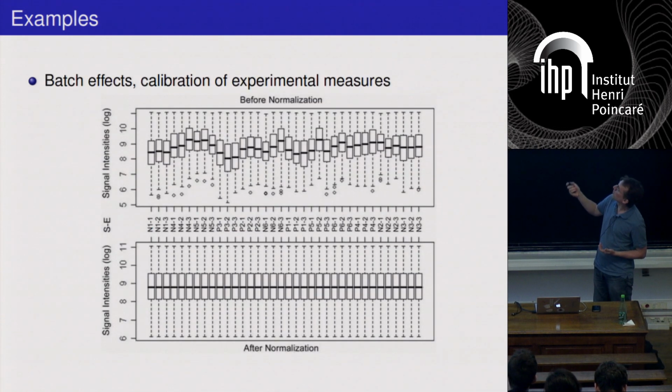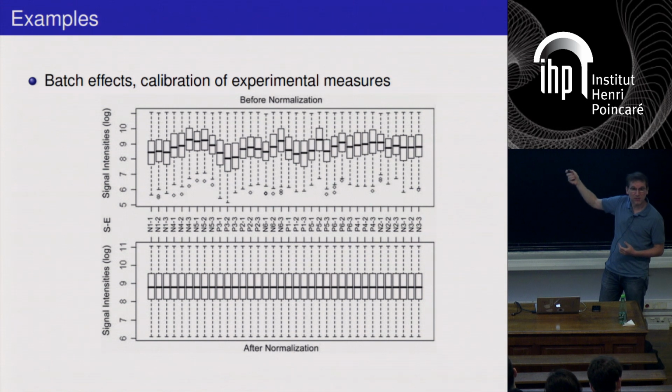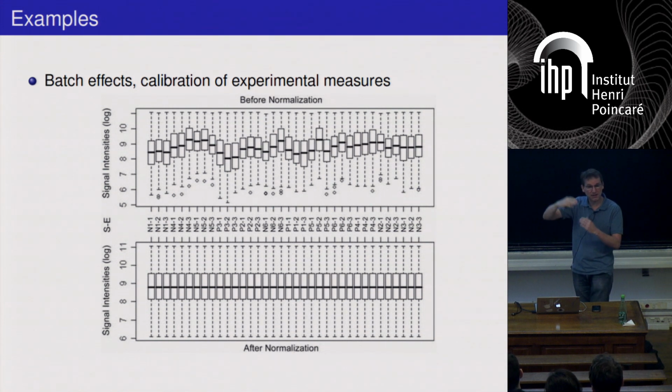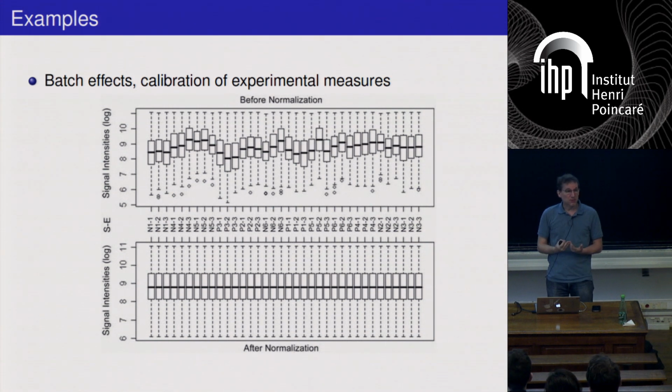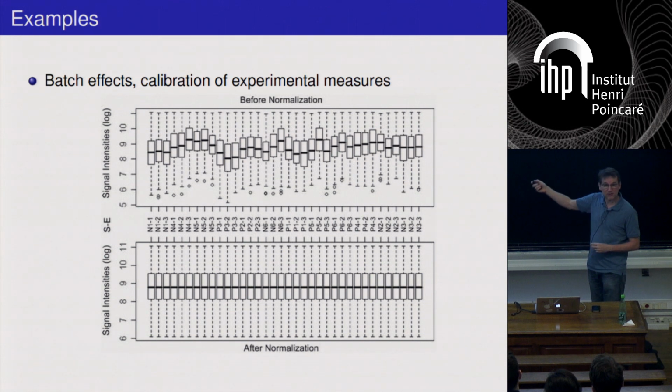It's when you start from a bunch of data. Here, imagine that each box plot will correspond to one sample, like one image. And you see that when you have many samples, they differ a lot by the histogram of values they have. And so quantile normalization is about saying that when you have different samples like that, maybe it's relevant to normalize them so that after normalization, they have the same histogram of values, but they are not all the same samples, because here I just showed the values that you measure.